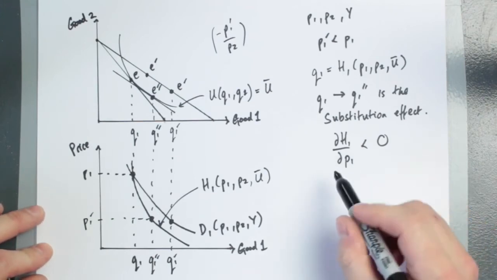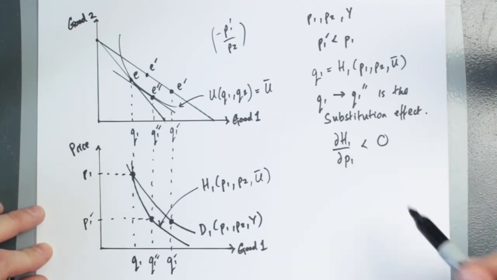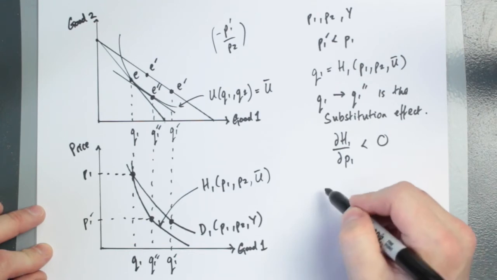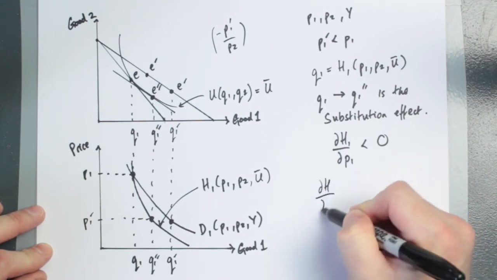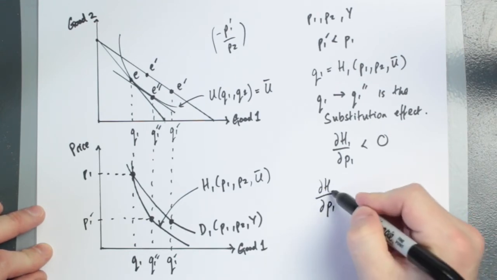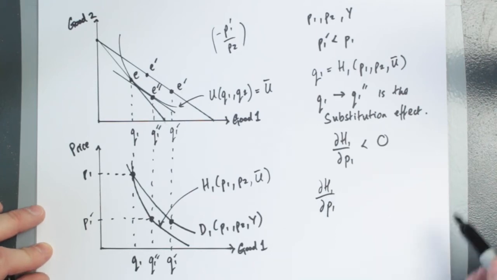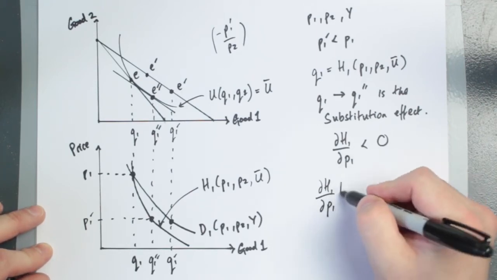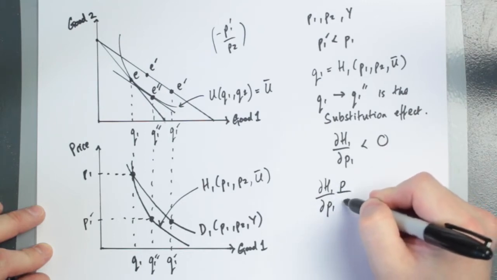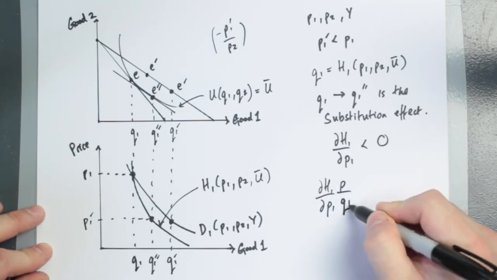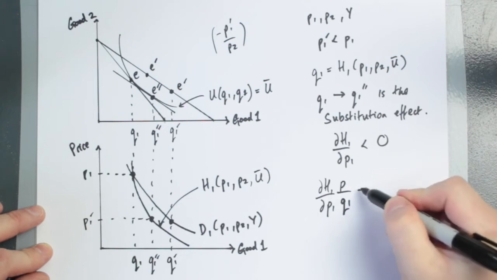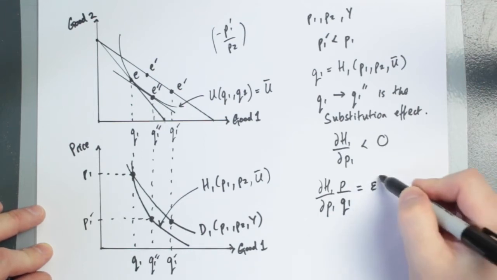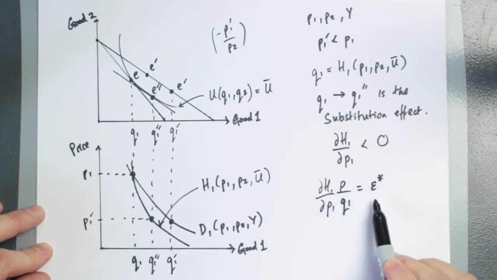Finally, let's just quickly mention this, because we will see it in the Slutsky equation, that I could write the partial derivative of this Hicksian demand function for good 1 with respect to the price of good 1, taking everything else as constant. If I multiply this by P and then divide it by Q1, then this, of course, is the elasticity, which we're going to denote epsilon star.